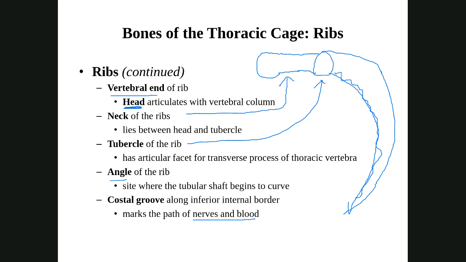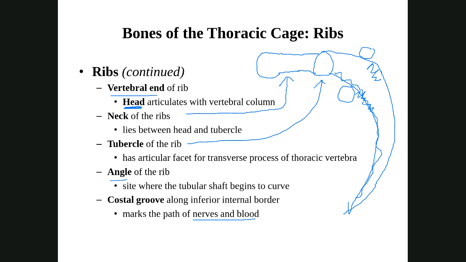And if you have to insert a needle into the thoracic cavity, specifically into the pleural cavity, to reinflate the lung, you don't want to stick the needle on the underside of the rib, because if you do, you can hit these structures. You always want to go on the superior part of the rib, the top part of the rib, because you're not going to have nerves and blood vessels on that part.